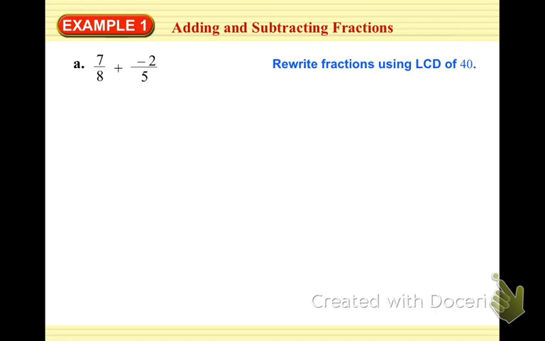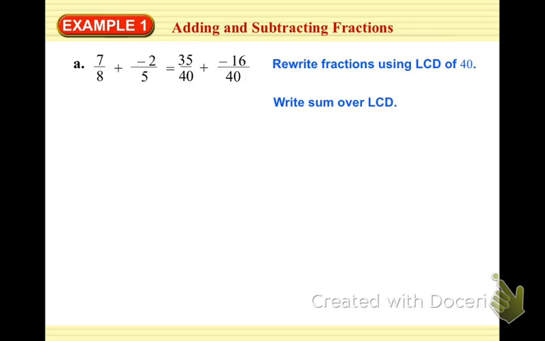So you're going to rewrite the fractions using the common denominator, and to do that, you know that we took 8 times 5, so we have to take 7 times 5. Since we take 5 times 8, we'll take a negative 2 times 8. And we'll get 35 over 40 plus a negative 16 over 40.